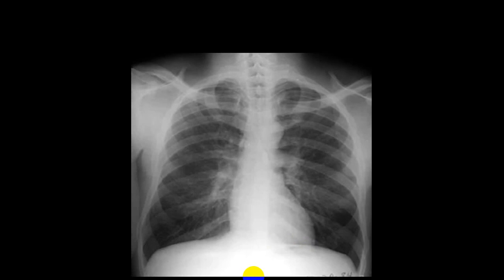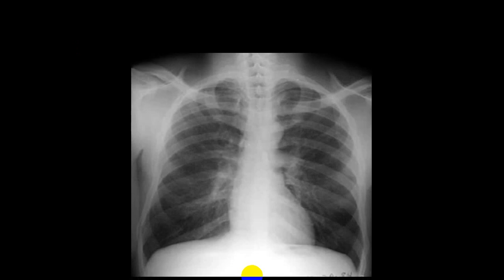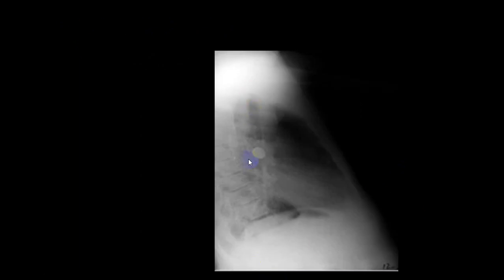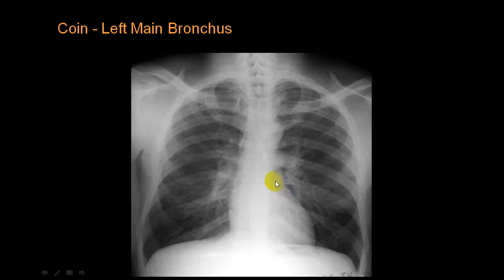What can you see here? In the left main bronchus, can you see here? Now if I want to make it out much better, I'll take a lateral view. You can see this is a coin, which can be seen as a small radio-opaque shadow here.